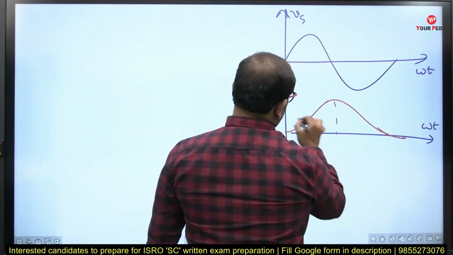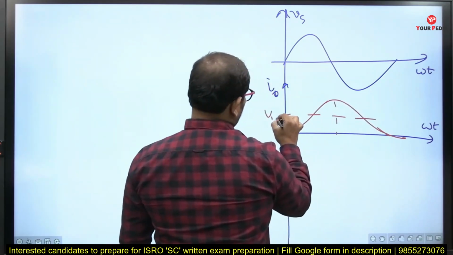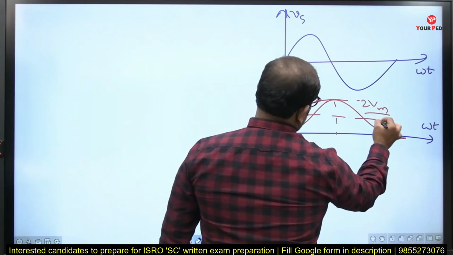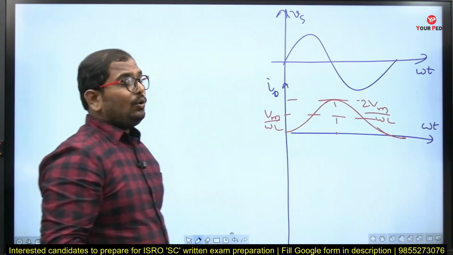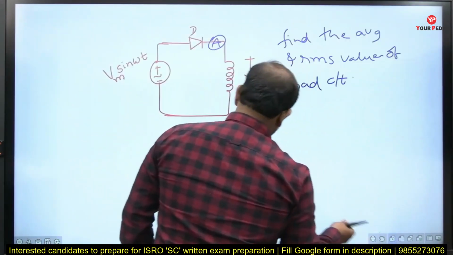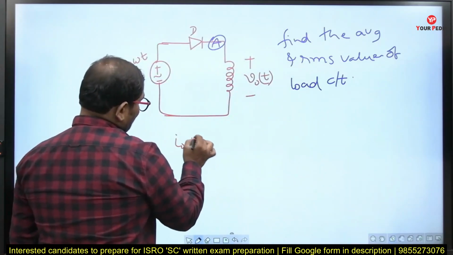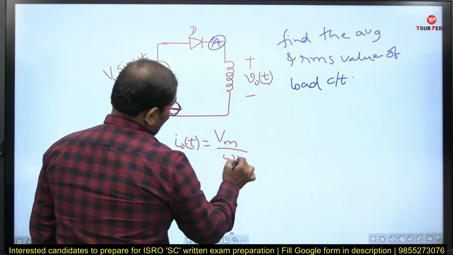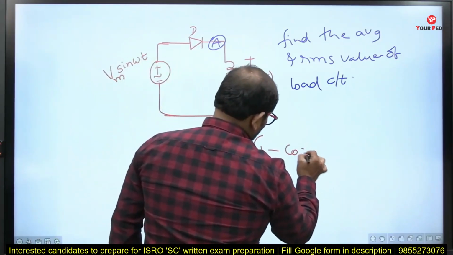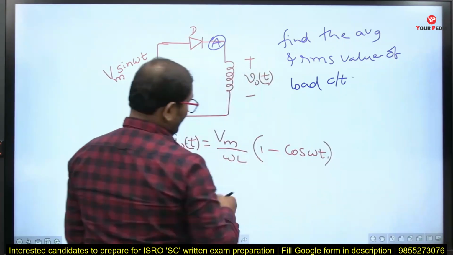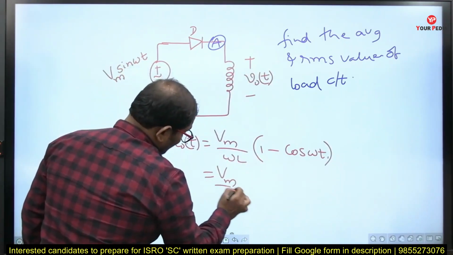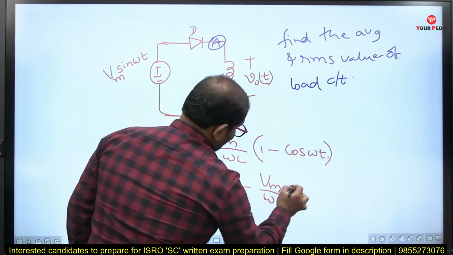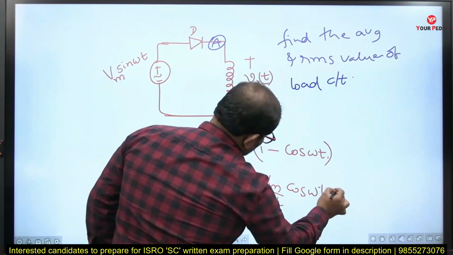This will be Vm by omega L, and this will be 2 Vm by omega L. Now what is the output current expression we calculated previously? It is Vm by omega L into (1 minus cos omega t). If you expand this, it is Vm by omega L minus Vm by omega L into cos omega t.